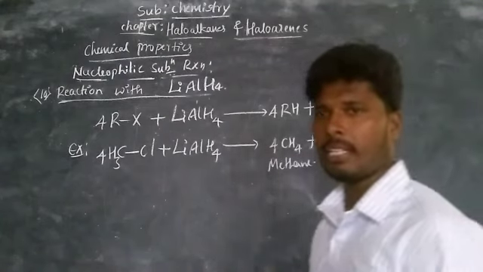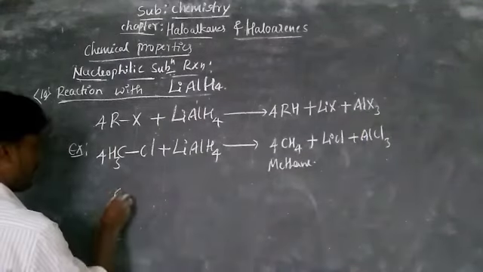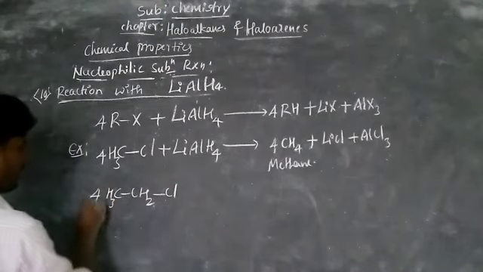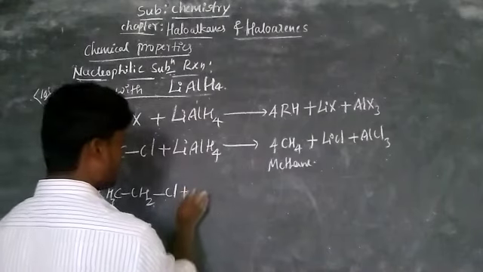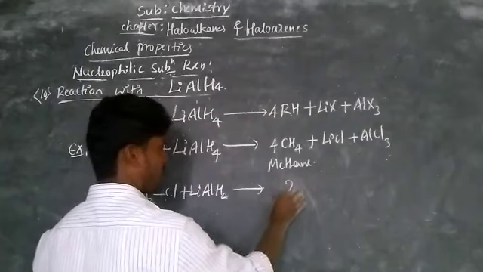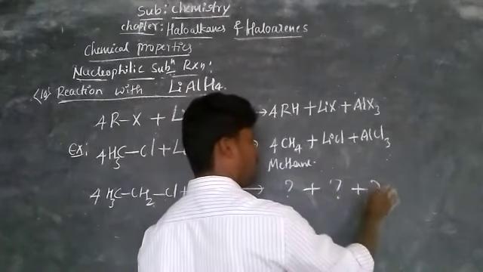Similarly, take as homework CH3 CH2 bond Cl. Take 4 equivalents, treated with lithium aluminium hydride. Complete the reaction. What do you get? Write all these 3 products.